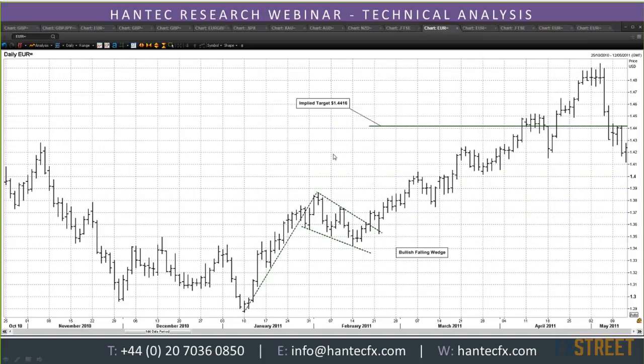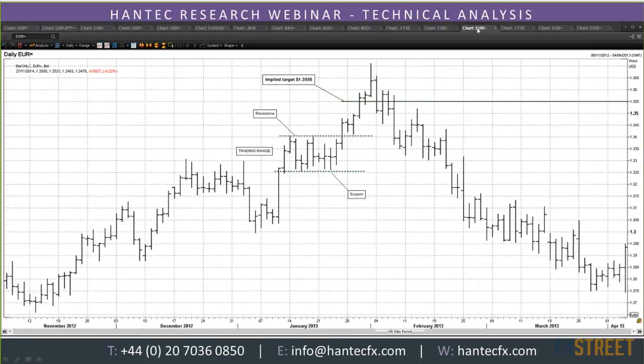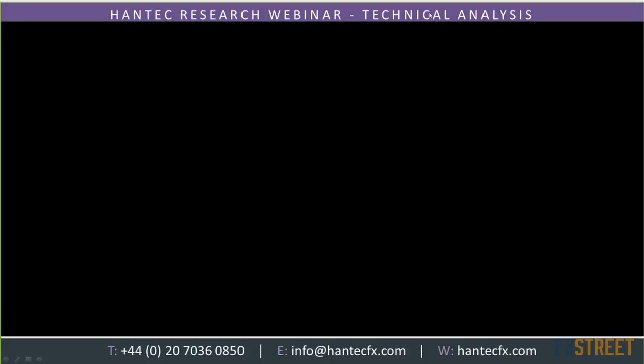Right, and finally in continuation patterns, we have got our range breakouts. Think about your range breakouts as the opposite breakout to your tops.